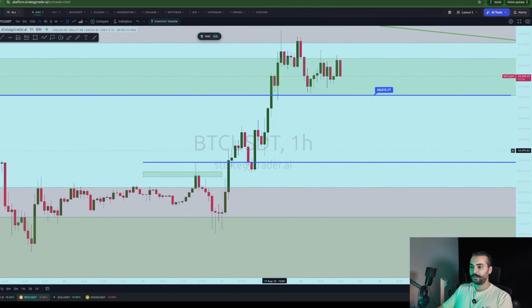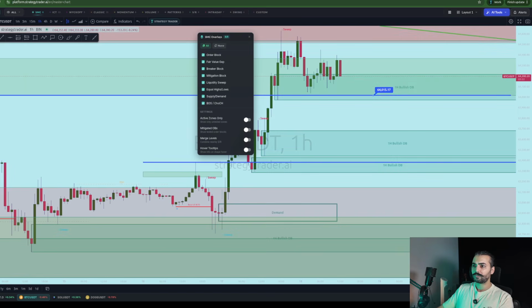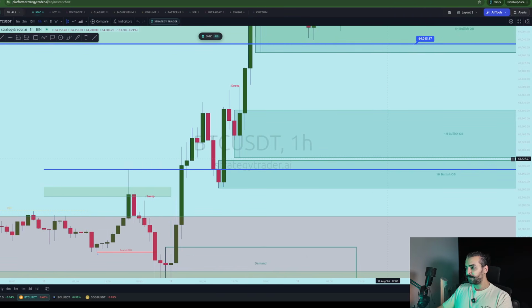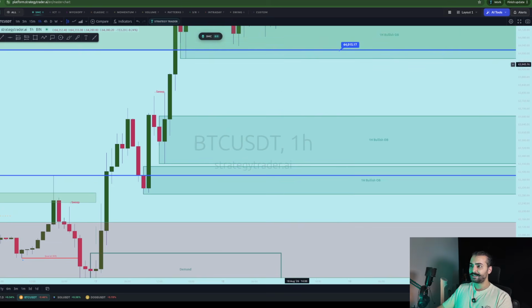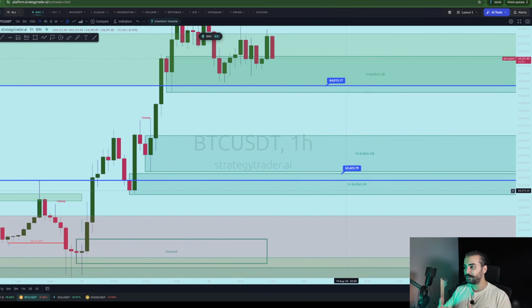This line, as you can see, is the one that I told you is less risky. We also have this blue line from the daily time frame that is going to make it a very nice long position. I would definitely go for it.